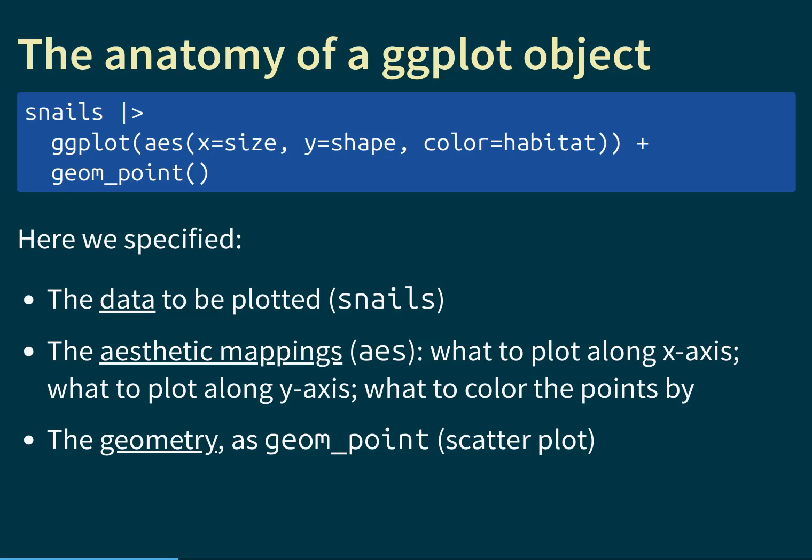And finally, we have to define the geometry, which tells us the way in which we want to display the dataset. For example, here we have used geom_point, which creates a so-called scatter plot, which just displays every row in the data as a single point along the coordinate system defined by our graph.